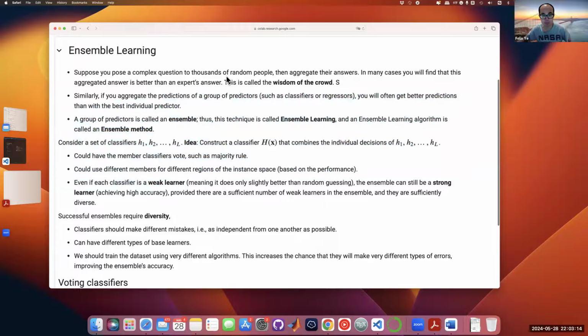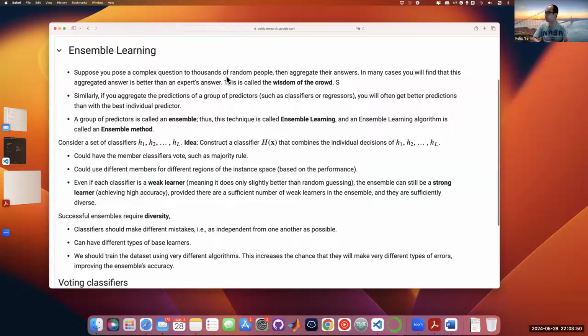You can do very similar things not with random people, but with a group of predictors, for example classifiers or regressors. You throw the same problem into various different predictors. It could be decision trees, logistic regressions, SVMs, even neural networks.